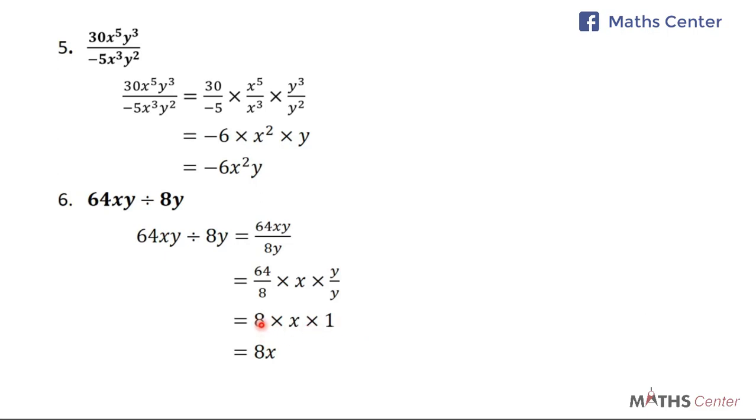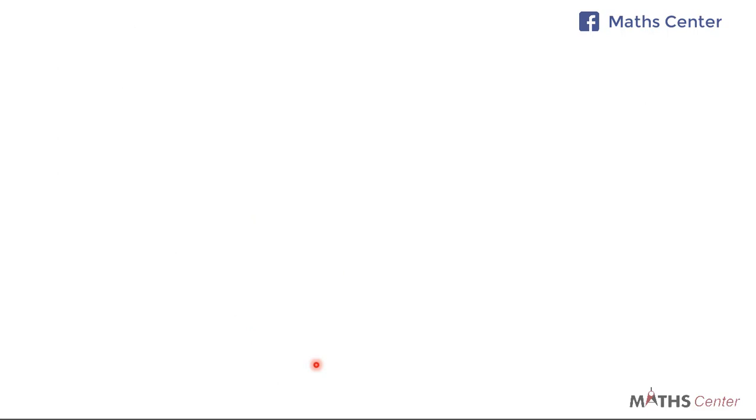So when dividing, group the variables and the coefficients, then divide the coefficients and use the laws of indices to divide the variables.